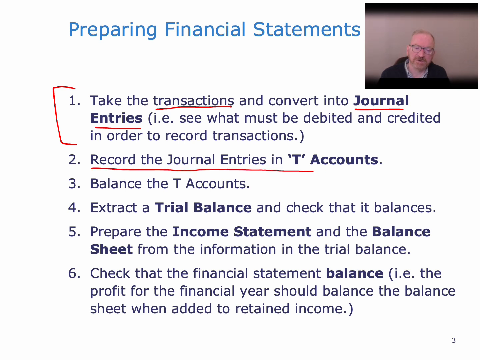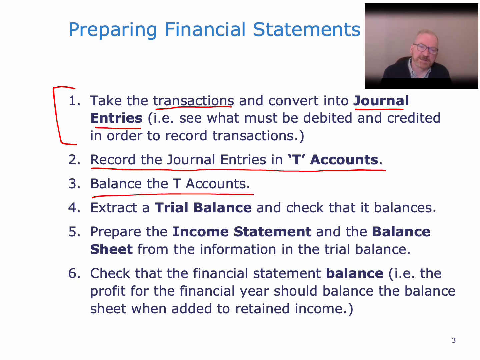Secondly, we record the journal entries in T accounts. So we take each journal entry in turn and we record both the debit and credit sides in the relevant T accounts. We then balance the T accounts.